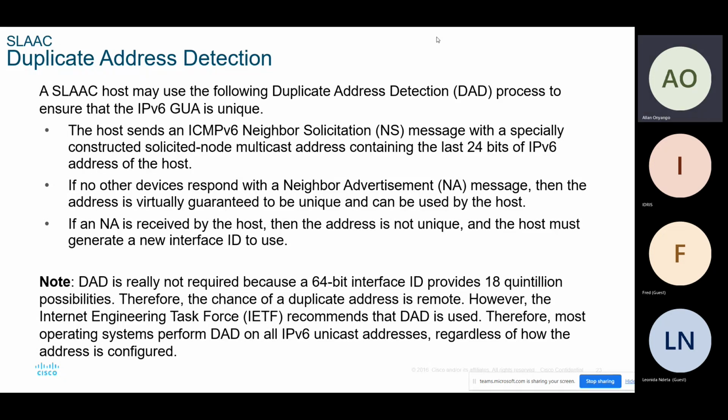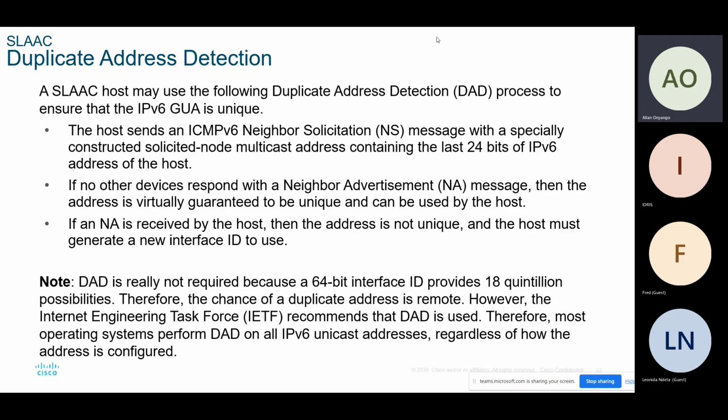Any device that has the same address will respond with a message. It's like when you send a ping and you get a reply, it means that device is active on the network. But here they don't send a ping, they send a message called the NS message, the neighbor solicitation message, which goes out like an echo request. When it comes back, we get a message called neighbor advertisement, the NA message.